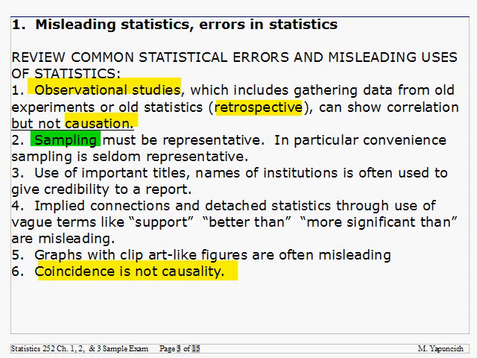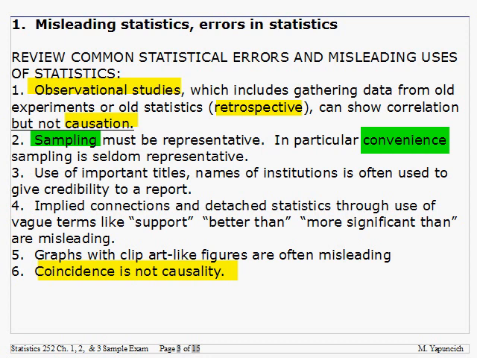The problem is they polled people who had phones and people who had cars, and in those days not many people had phones or cars, so you're looking at a very small subset of the population, and you weren't getting representative of all the voters. So the whole idea is representative sampling. And remember that convenience sampling, that's standing at the mall and asking people who happen to stop and agree to talk to you, or self-reporting, that sort of thing, is not representative.